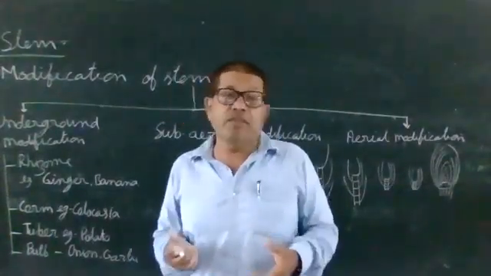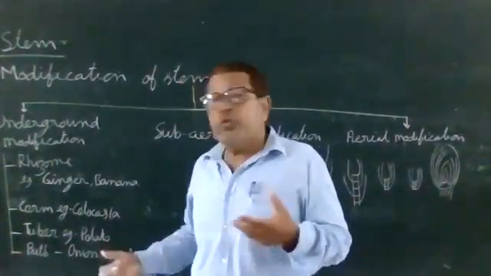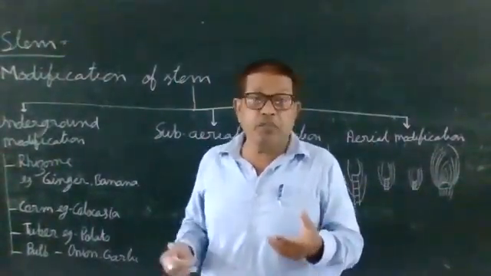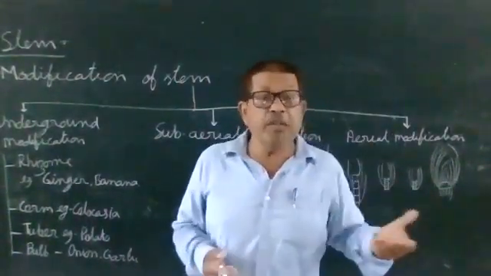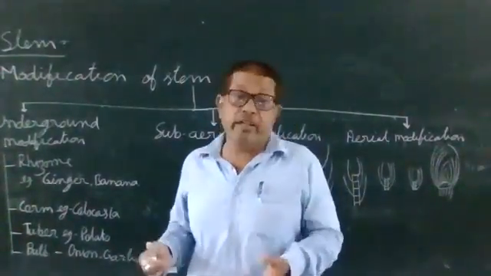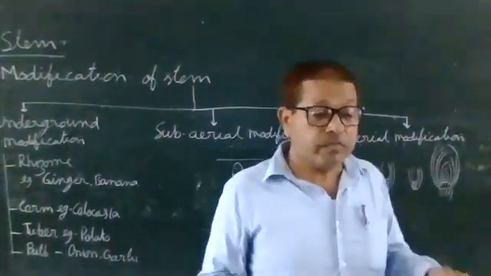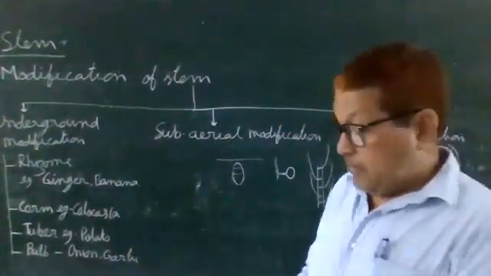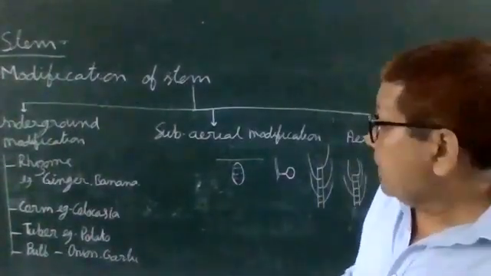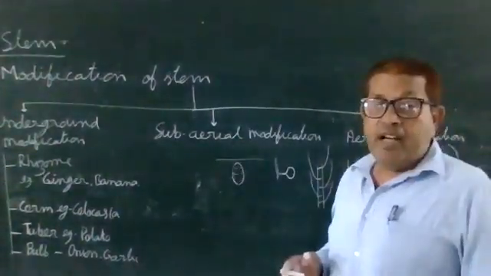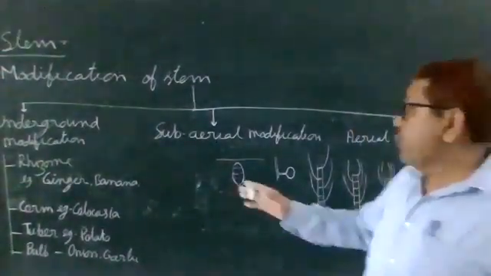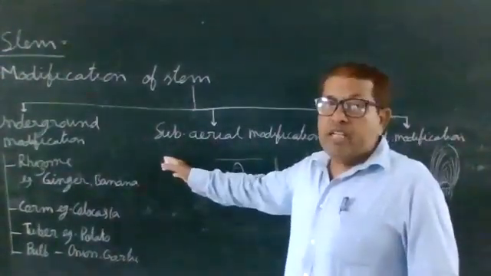Generally, we term it as the onion bulb, as we use the term potato tuber. The same way we use the term onion bulb. So this is about the underground modification.